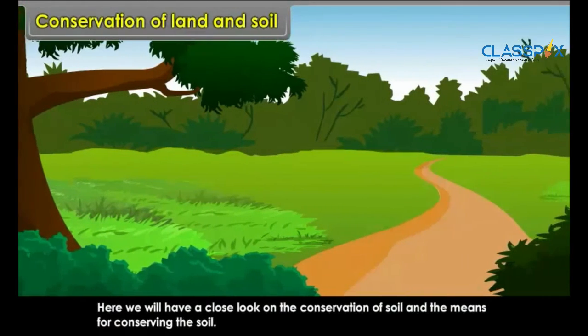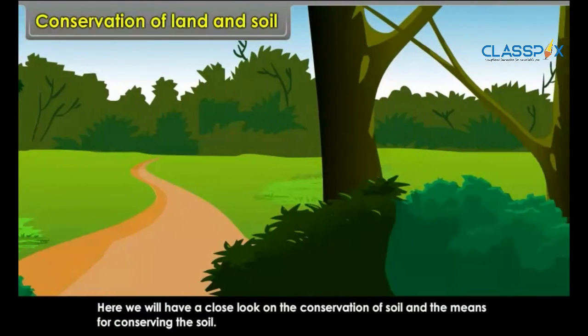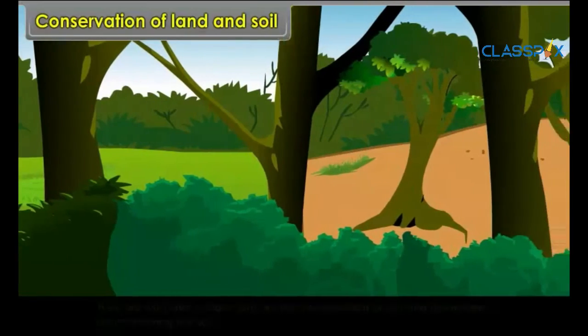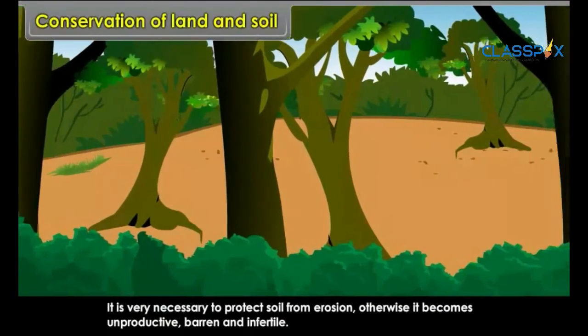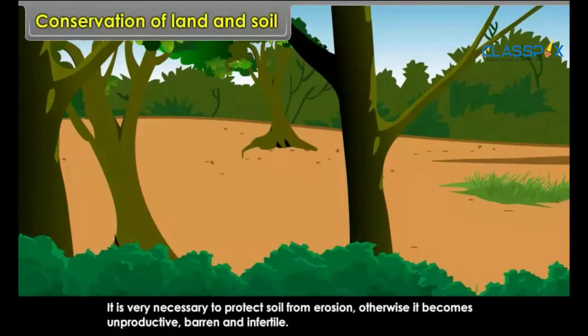Here we will have a close look at the conservation of soil and the means for conserving the soil. It is very necessary to protect soil from erosion. Otherwise, it becomes unproductive, barren and infertile.